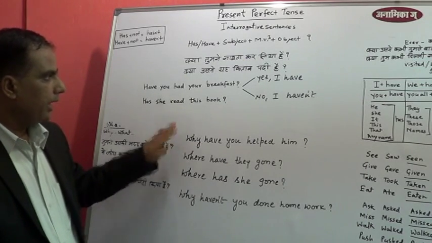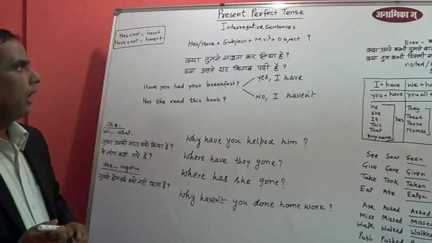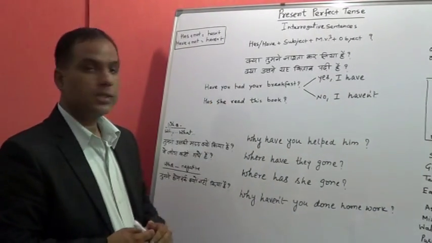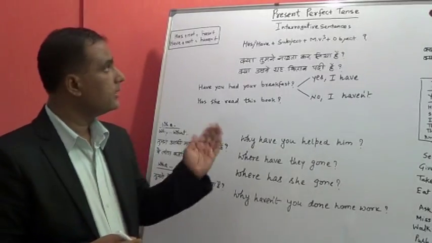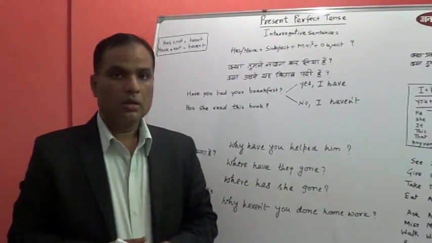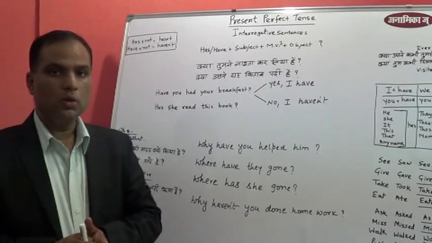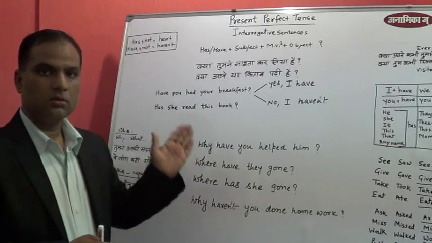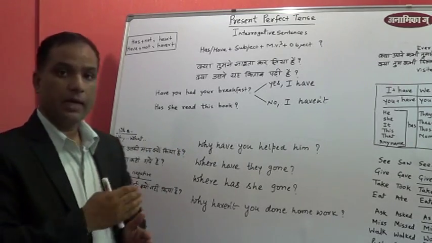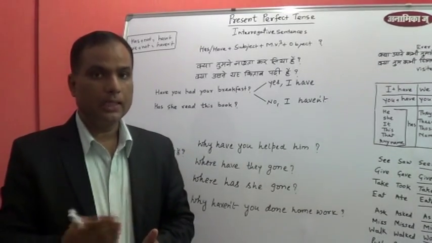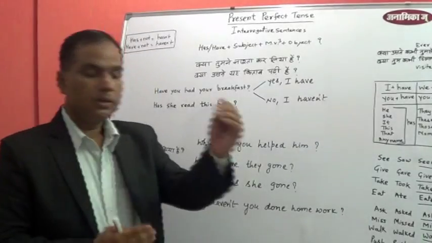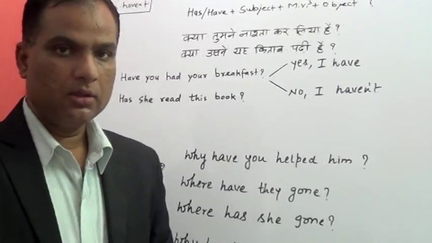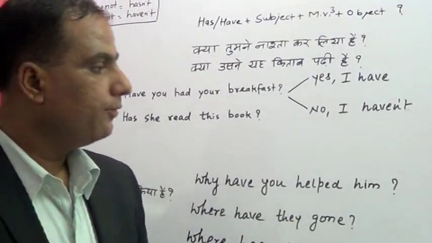So as we have seen how to ask any question, how to frame interrogative sentences in present perfect tense. Now since we use the third form of verb in this tense, we have to be very careful about the irregular verbs, because these are those verbs which can change completely in the third form.